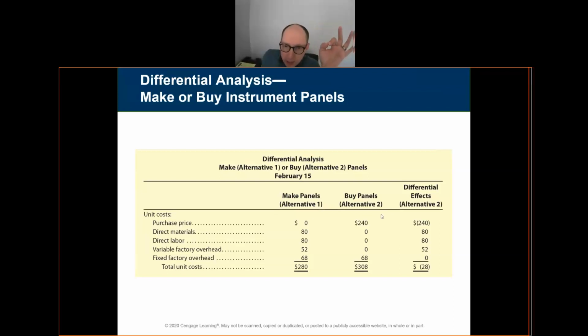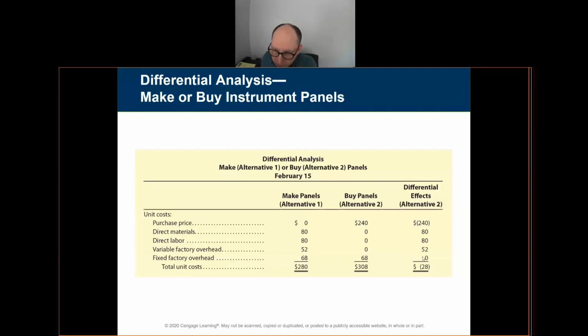Now again, as we go through differential analysis, we look at the difference across, right? So 0 to 240, difference 240. 80, 0, difference 80. 80, 0, difference 80. 52, 0, difference 52. 68, 68, difference 0.